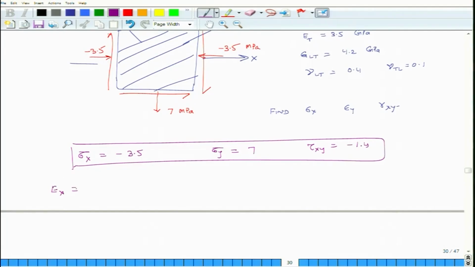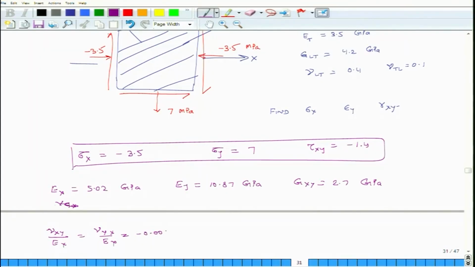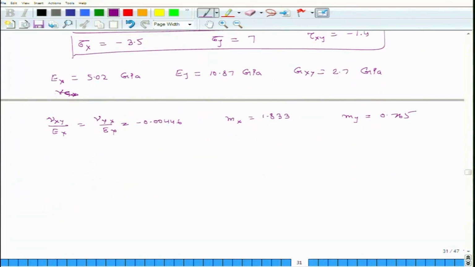So, we find that Ex is equal to 5.02 GPa, Ey is equal to 10.87 GPa, Gxy equals 2.7 GPa, nu xy divided by Ex is equal to nu yx by Ey, and that comes out to be minus 0.00446, mx is equal to 1.8333, my is equal to 0.765.